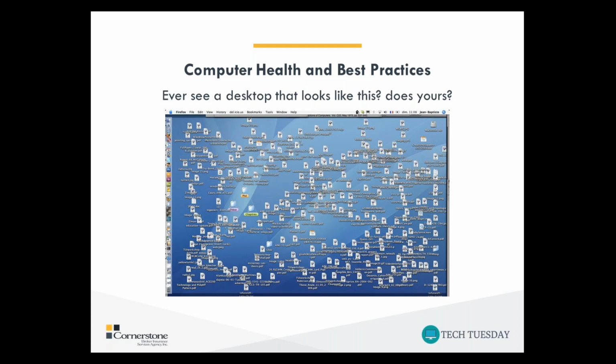The number one thing that I see when helping people is desktops that look relatively similar to this. In my opinion, if you have more than maybe 20 icons on your desktop that are not shortcuts to things, then you're probably going to want to reorganize your desktop, and maybe you'll want to organize your files similarly to what I have, or at least what I'm presenting.